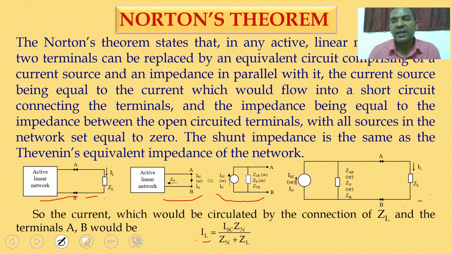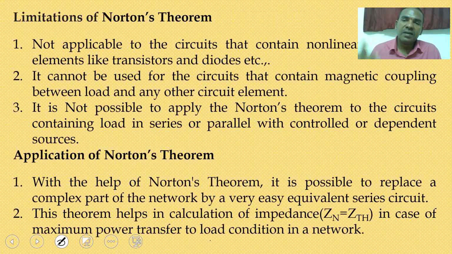So you can calculate the response of a particular load for a complex network by reducing it with Norton's theorem. Okay. So now the limitations for Thevenin's and Norton's must be the same. There is no alteration because it is just a source transformation.